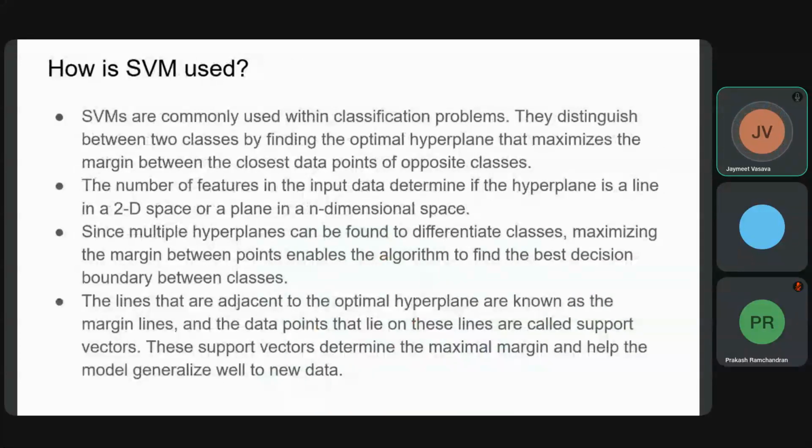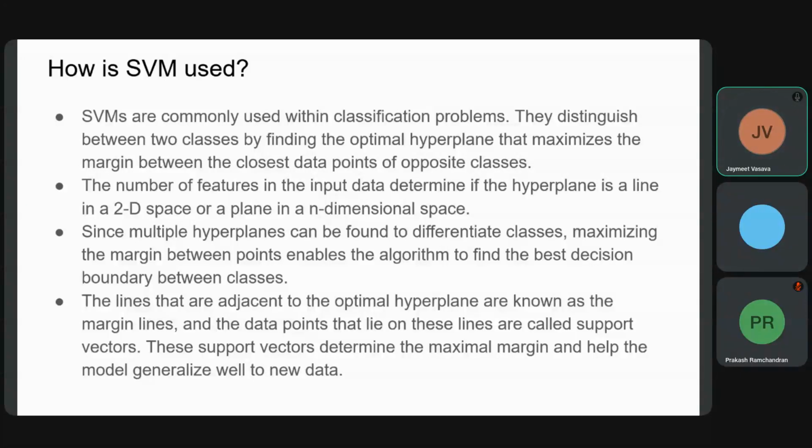So how are SVMs used? As mentioned, they can be used for both regression and classification problems, but they are best suited for classification problems. The number of features in the input data determines what the hyperplane is going to be. The hyperplane is a line in a 2D space or a plane in an n-dimensional space.